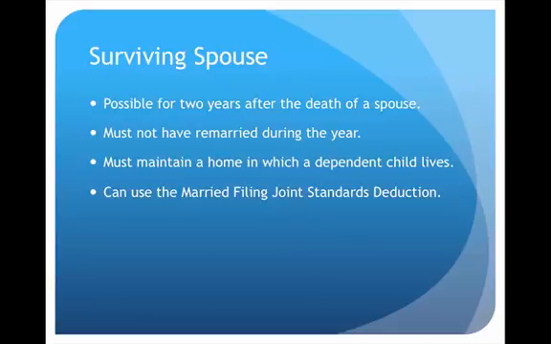But with this, you could possibly continue for up to 2 years after the death of a spouse and still get that married filing joint deduction. In order to qualify, though, you cannot have remarried during the year, and you must maintain a home in which a dependent child lives.